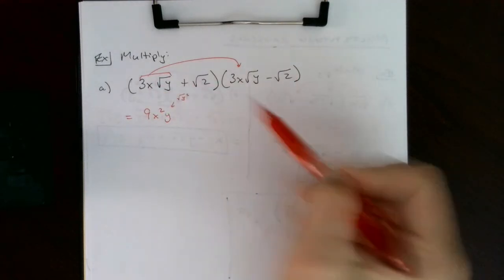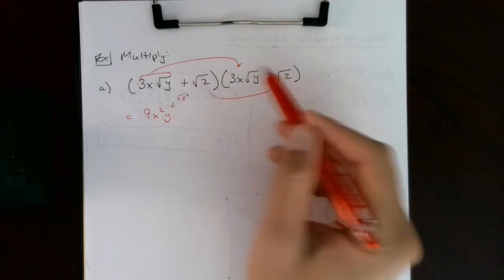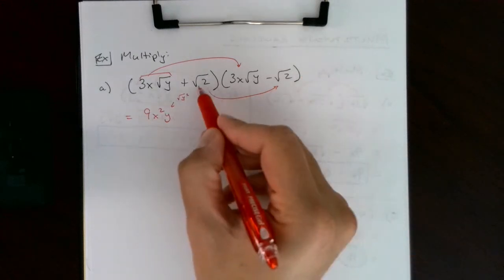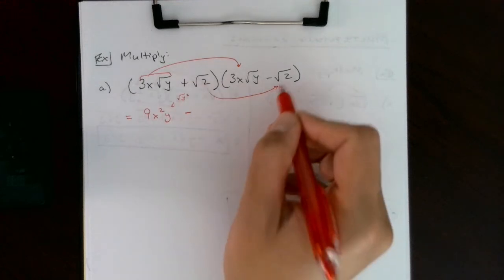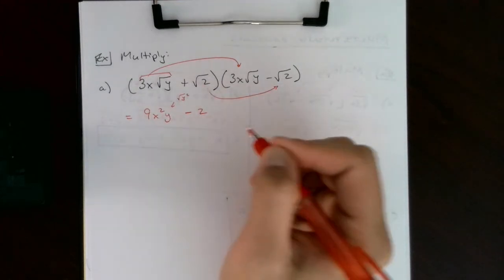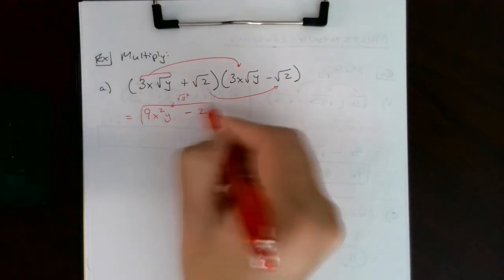Now since these are conjugates, the outer and the inner are going to cancel when you multiply them. So instead of writing them out, I'm just going to skip over that and I'm just going to multiply now the last, because when you multiply conjugates, the middle terms will cancel out. So the last terms, a positive times a negative, makes this a negative, and then square root of 2 times square root of 2. Well, remember, the square root of something times itself is just whatever's on the inside, so just minus 2. And so we had 9x squared y minus 2, and that's actually the answer.